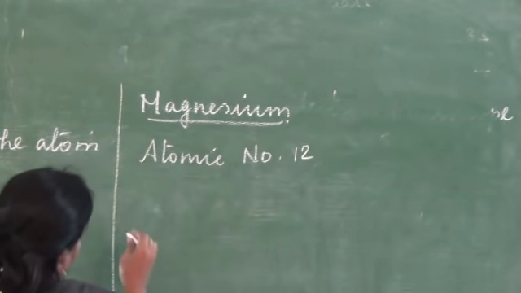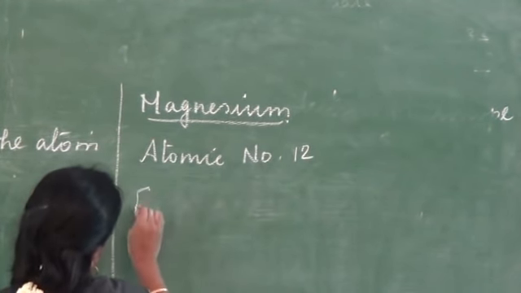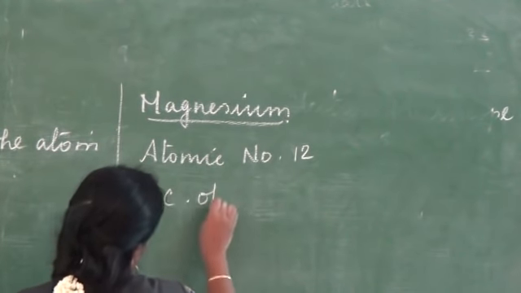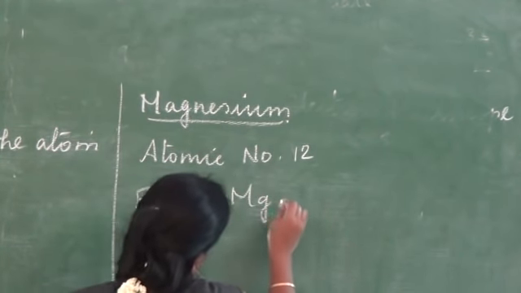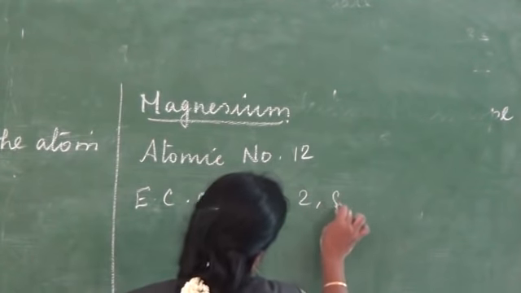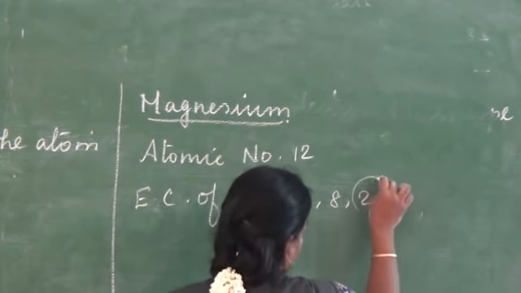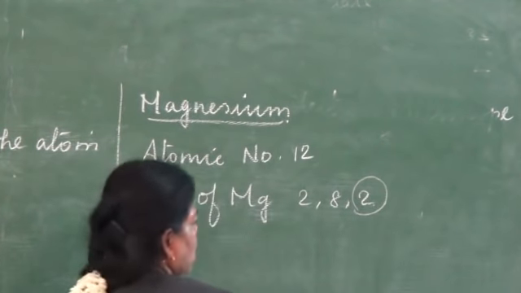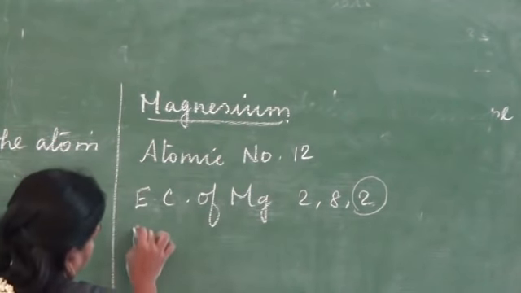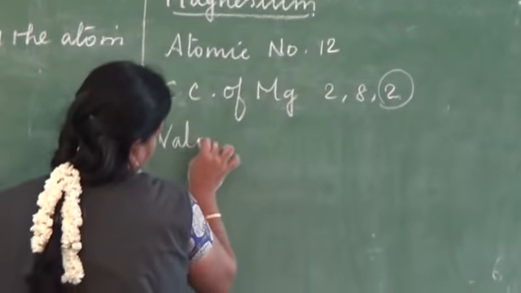So what is its electronic configuration? The electronic configuration of magnesium is 2, 8, 2. Therefore, the outermost shell contains 2 electrons. So what is the valence of magnesium? The valence of magnesium is 2.